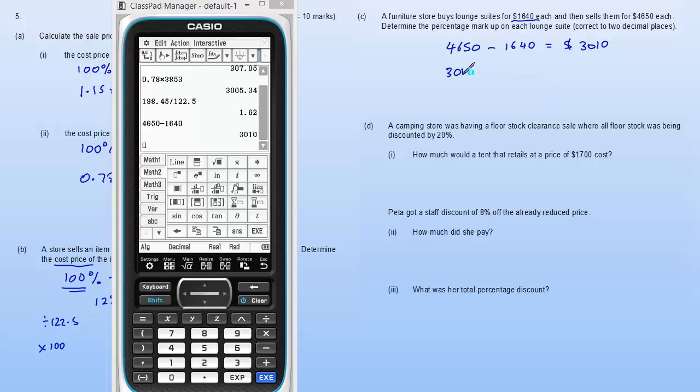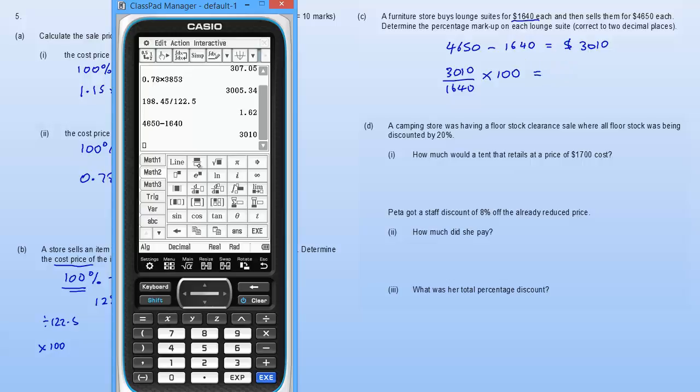So that's 3,010 divided by 1,640, and then that's it as a fraction, and we multiply by 100 to change to percent.